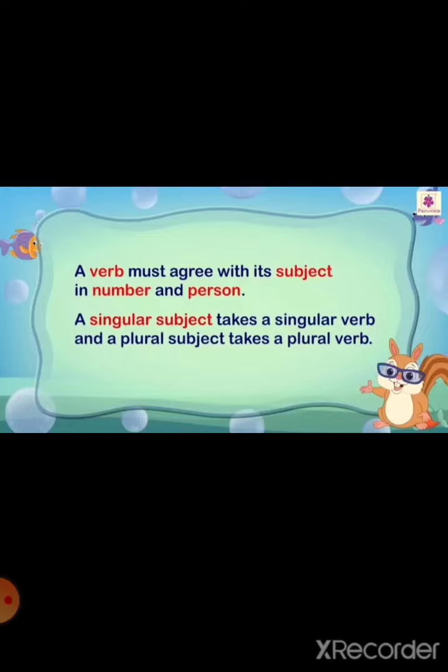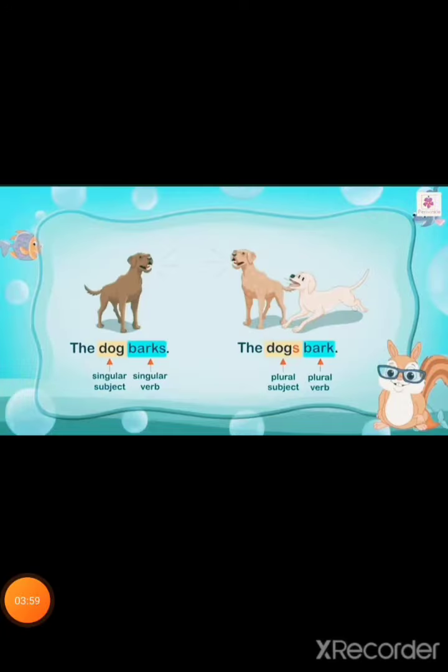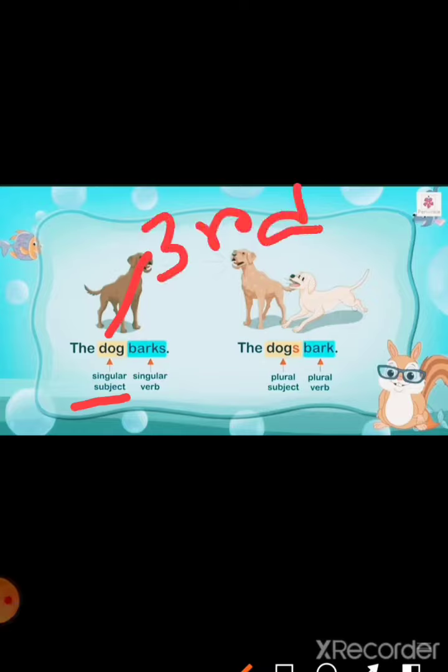Okay, a singular subject takes a singular verb and a plural subject takes a plural verb. I have already discussed the example with you. Let me discuss again. The dog barks. Here the dog, it is a singular subject and it is also third person. It is also third person and singular number in present tense.